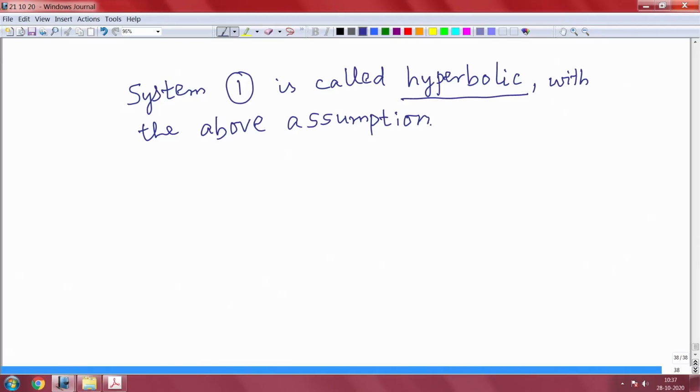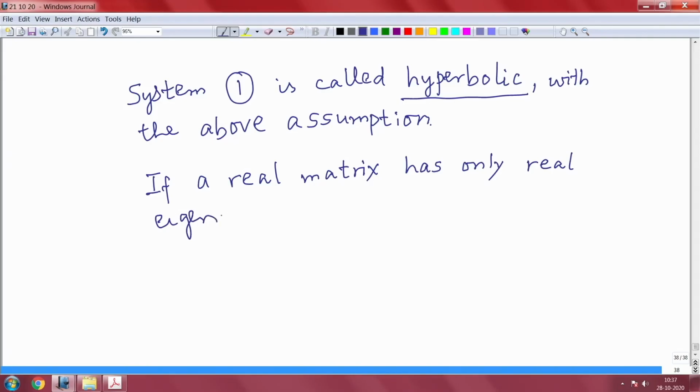I will not even assume that they are distinct or whatever, they are just real eigenvalues. In that case, again from linear algebra we learn that, so if a real matrix has only real eigenvalues, then it also has real eigenvectors and generalized eigenvectors.